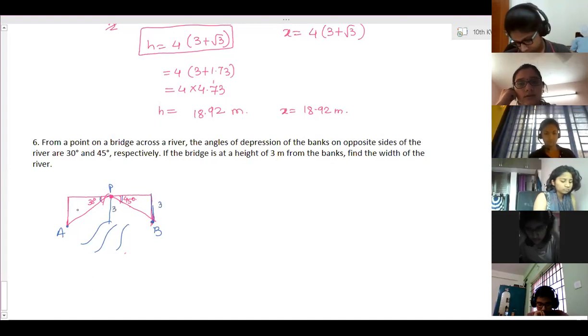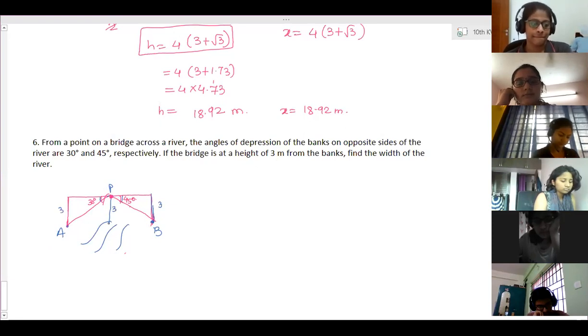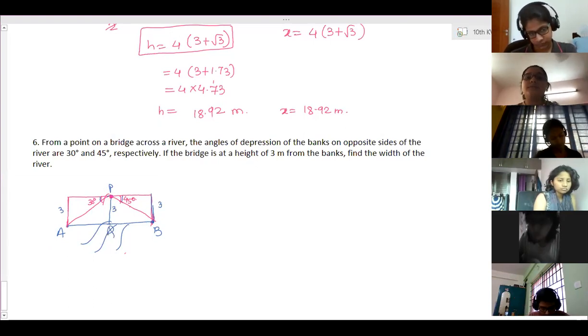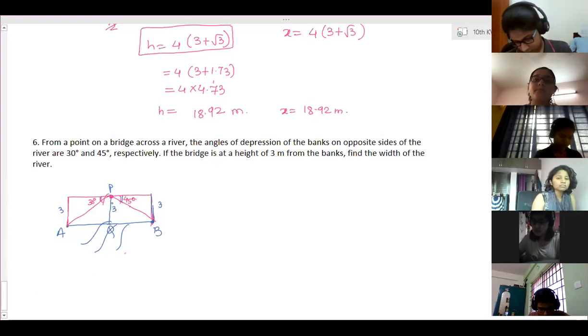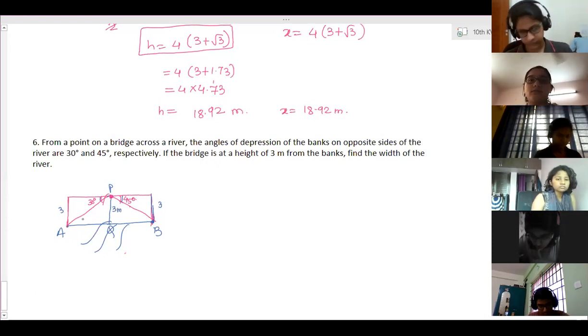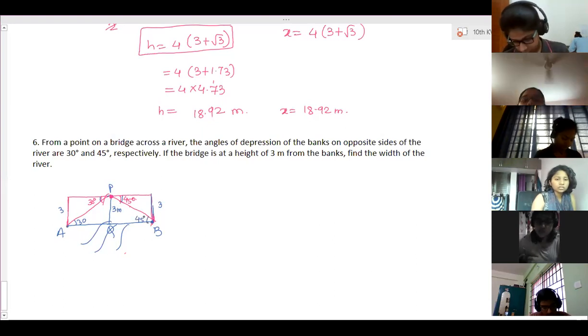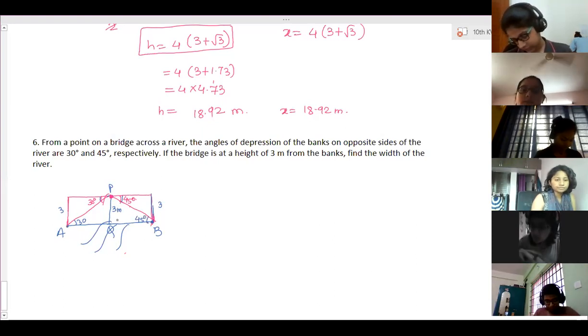Now we have to calculate the width of the river. So here to here is the width of the river. If we consider point Q at this position, PQ will also be 3 meters. This is 30 degrees. This one is 45 degrees.